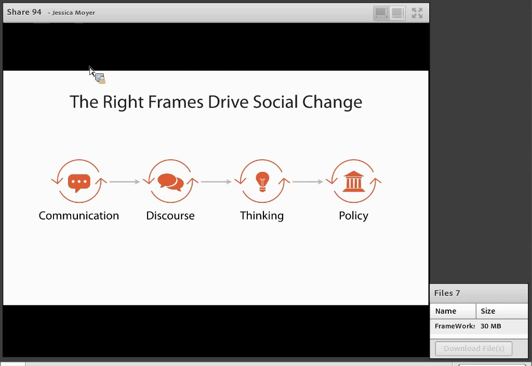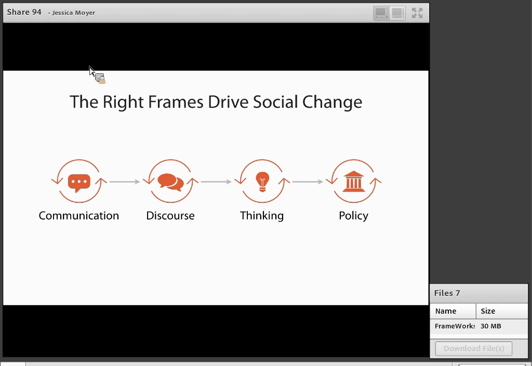What you're looking at now is our theory of change, which is broadly how we think about the potential of framing to drive social change. So the idea is if we communicate differently, that filters up into the discourse. So it's reflected in our culture, in the media, and those things shape how we as a society think about these particular issues.